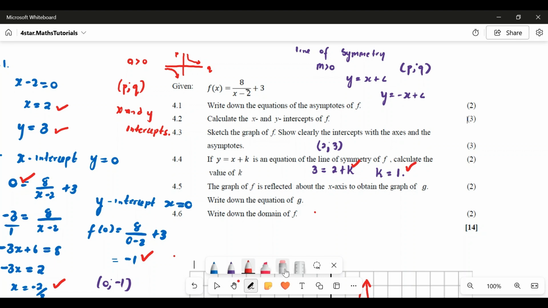Or I can also use this approach, the equation of the axis of symmetry with the positive gradient. I come from the equation, I draw my very nice car. From this, I can write down the equation.